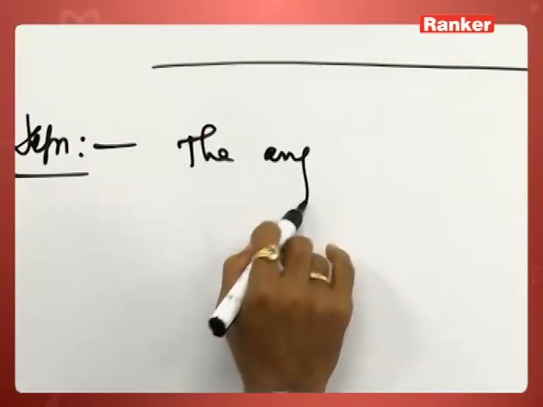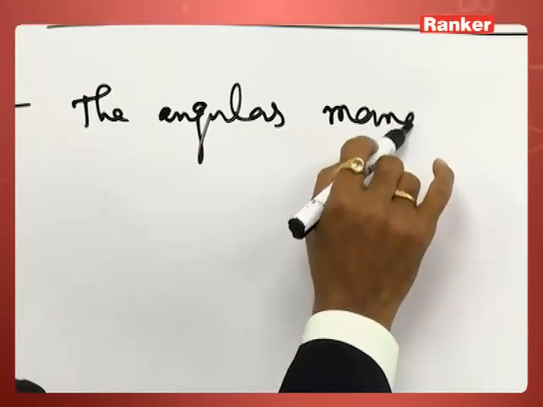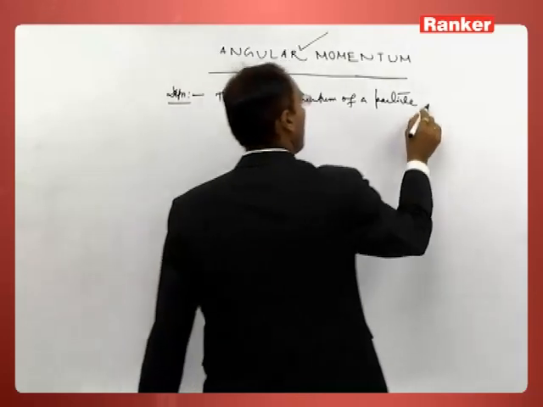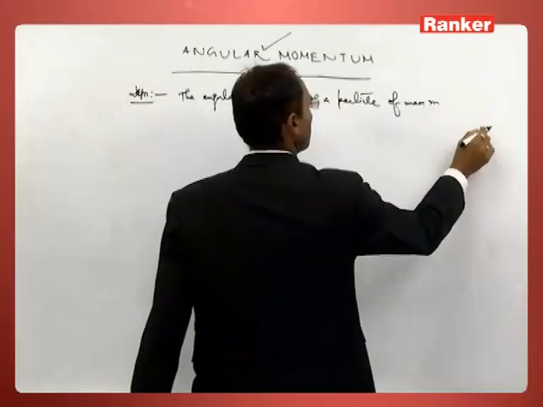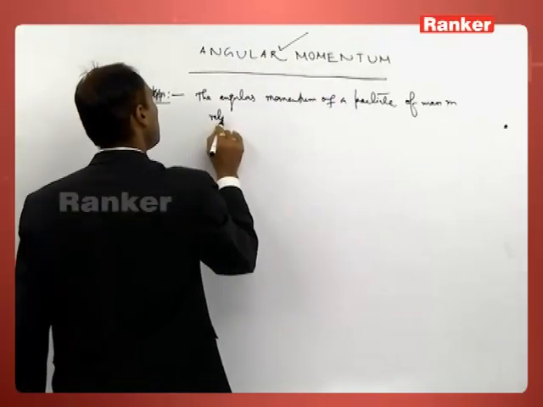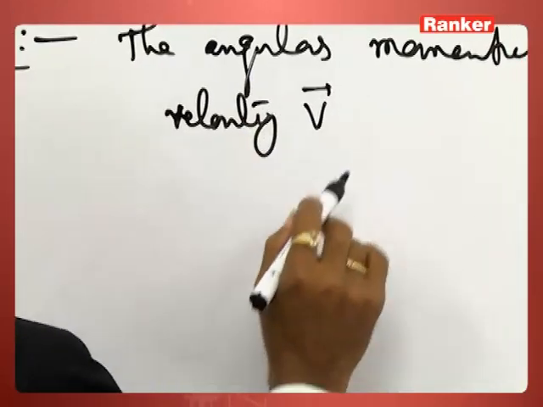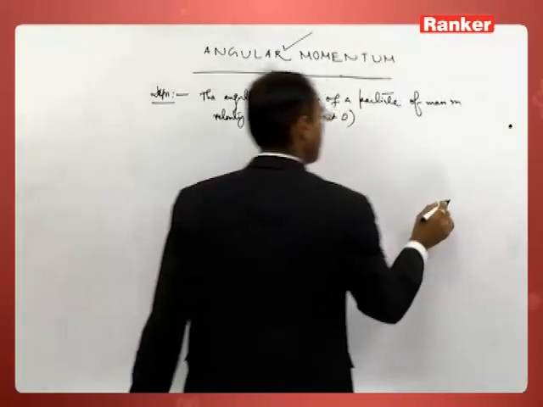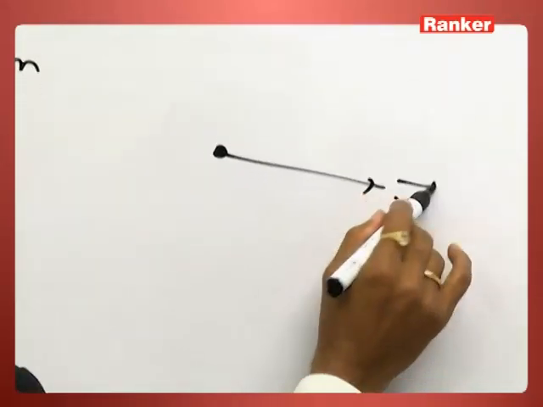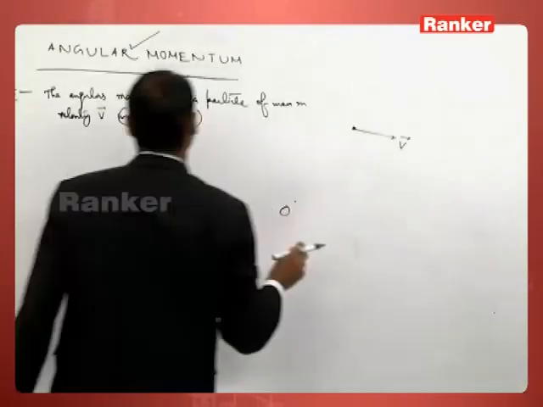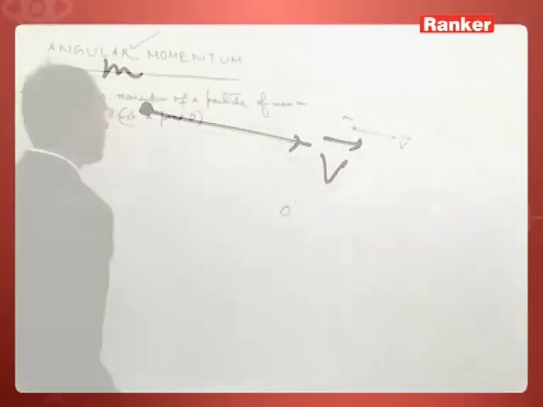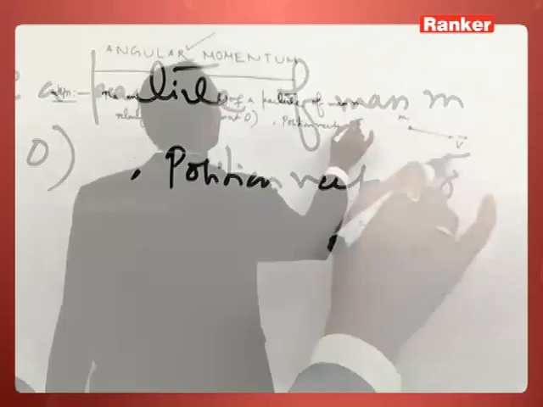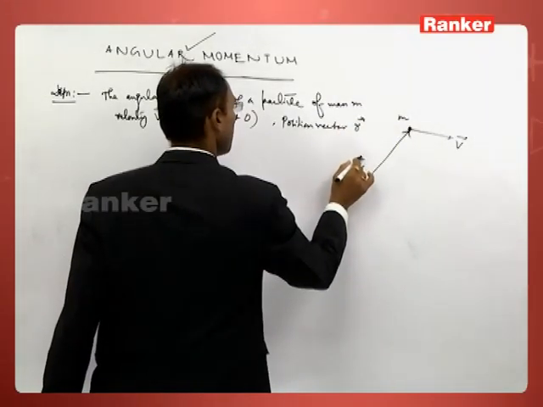The angular momentum of a particle of mass m, velocity v, with respect to a point O. The velocity is v, mass m, the position vector of the particle with respect to the reference point, let it be r.